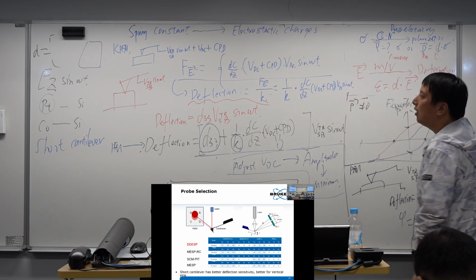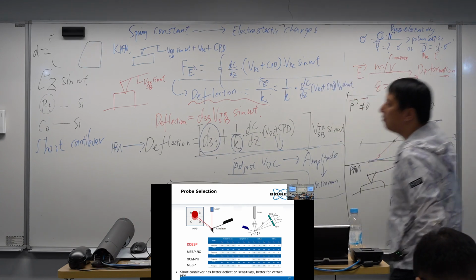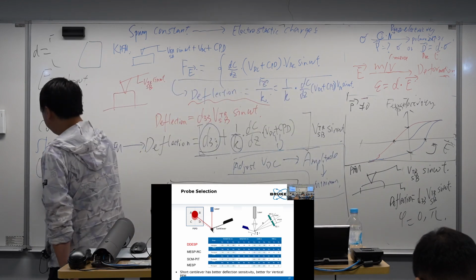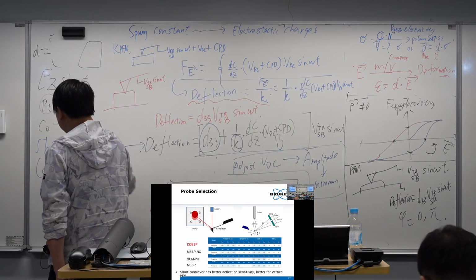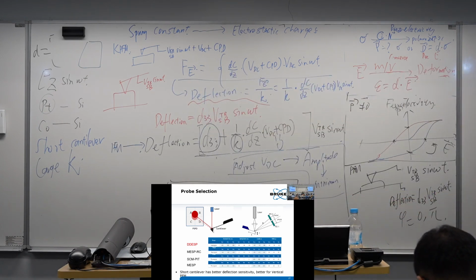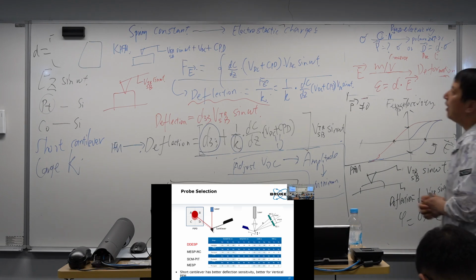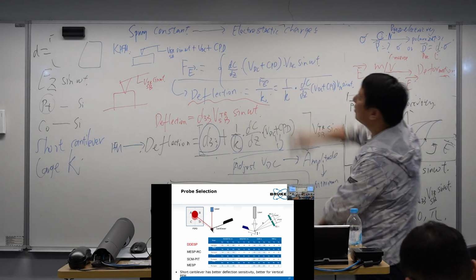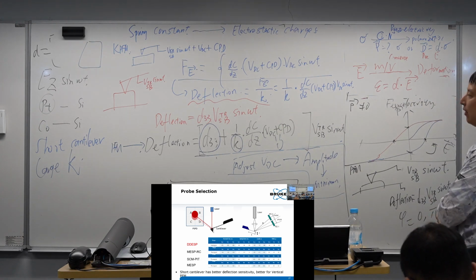So another demand for PFM is we want large K for the AFM probes. With large K, it's a way to reduce the effect of the electrostatic charges.